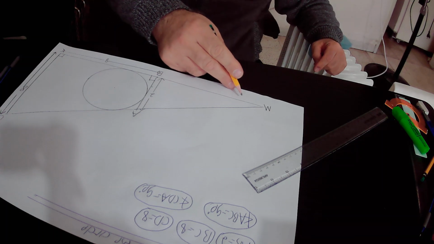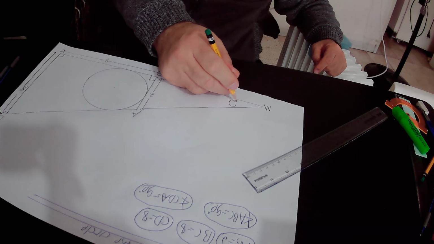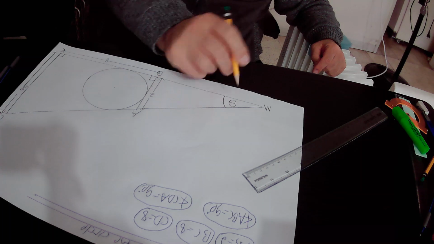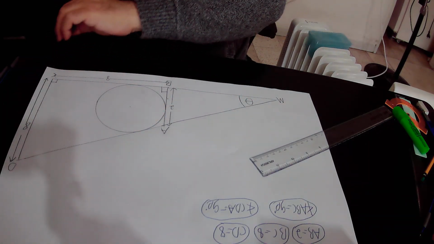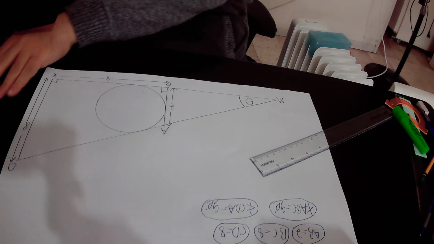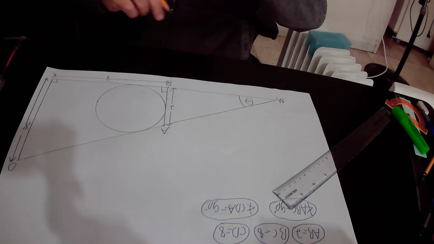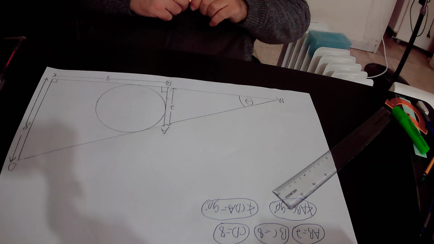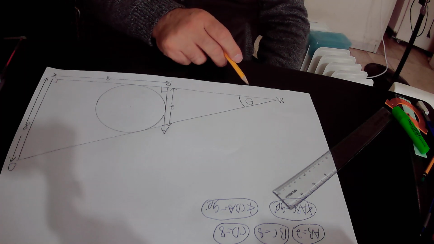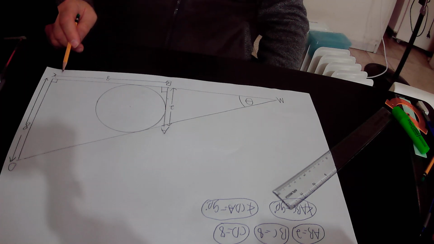We define this angle as theta, and we'll focus on the right big triangle, triangle MDC. On the right big triangle MDC, this angle equals theta, this angle equals 90 degrees.